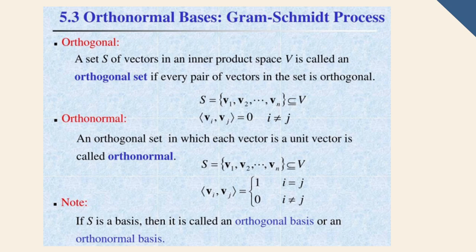If we go one step further and require that every single vector in the set also has a length of exactly 1, we call the set orthonormal. If this special set S also happens to be a basis, meaning it can build the whole vector space, we call it an orthogonal basis or orthonormal basis.